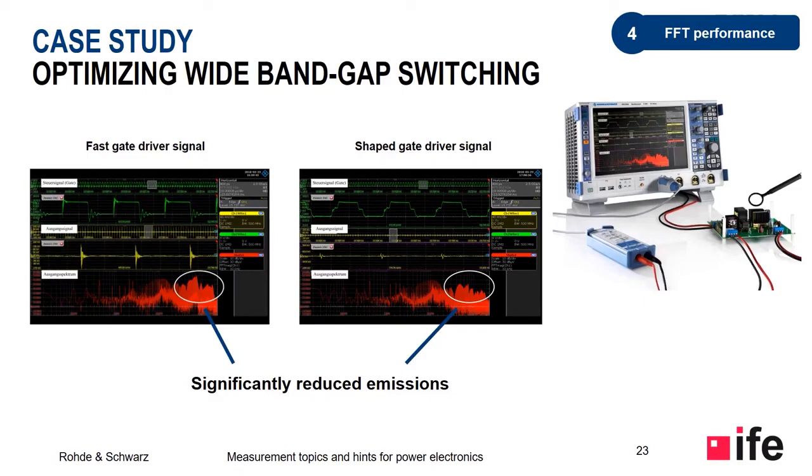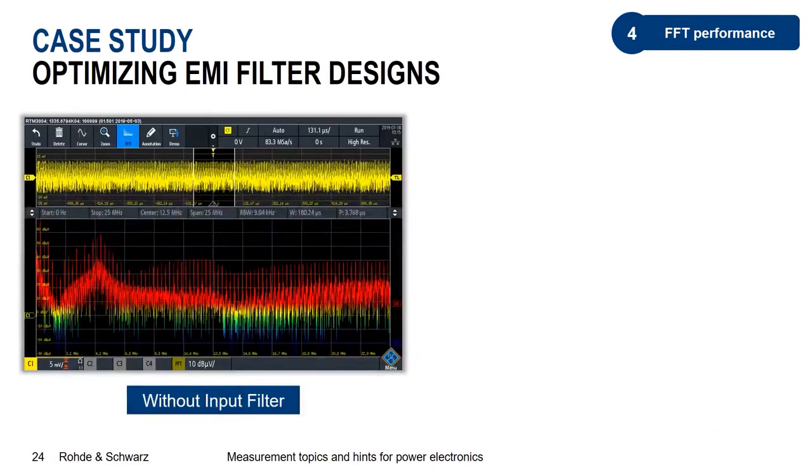Now, looking at EMI filters, this is another aspect that you can consider with a scope. Usually you would use a LISN because you need to measure conducted emissions. In this example on the left side, I did a measurement with a power supply, just for the purpose of demonstration, without the EMI filter.